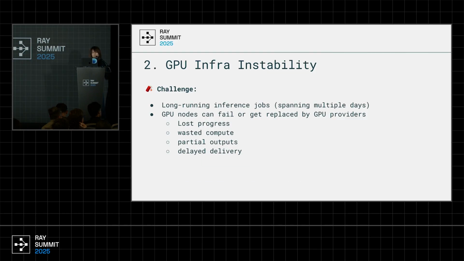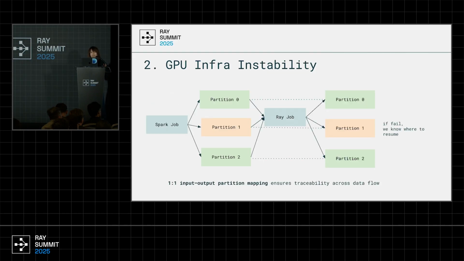But because of the first solution we built, we kind of built up this nice one-to-one partition mapping for the Ray job. What I mean is, for the Spark job, you can see we have partition 0, partition 1, partition 2 written out, and the Ray job, for all of our map-style transformations, for example rephrasing, scoring, and filtering, can do exactly one-to-one mapping, where partition 0 reads one partition and writes out one partition.